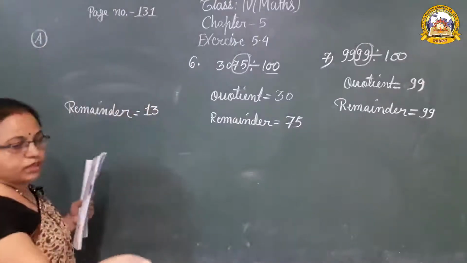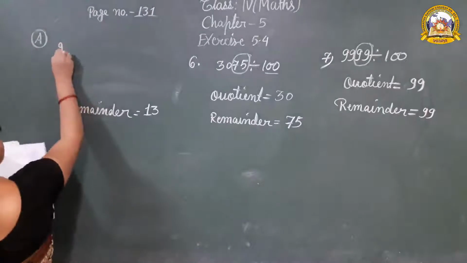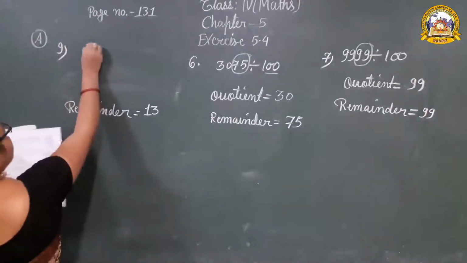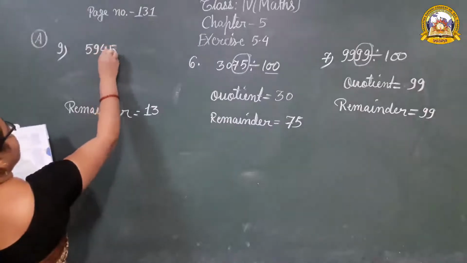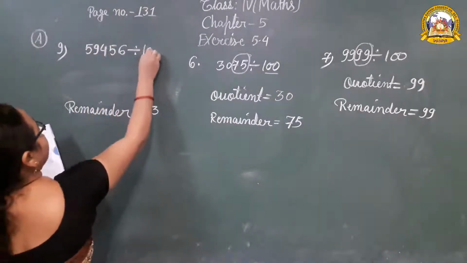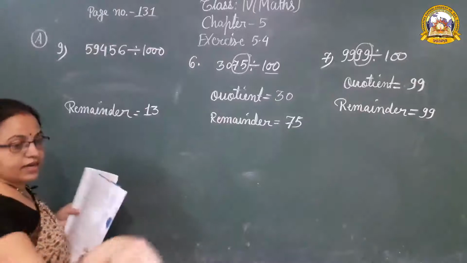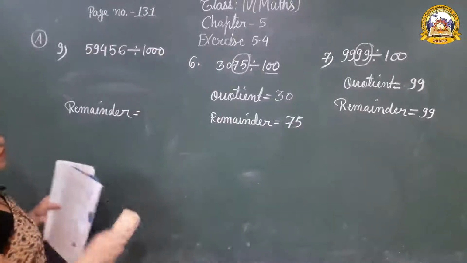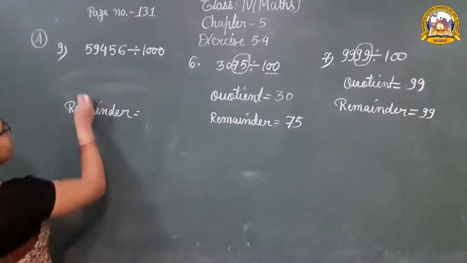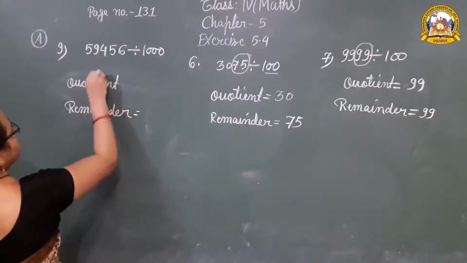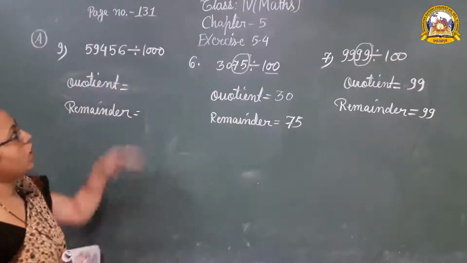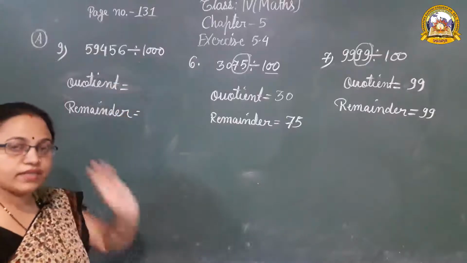Then question number 9. 59456 divided by 1000. Now how many zeros in 1000? 3 zeros.